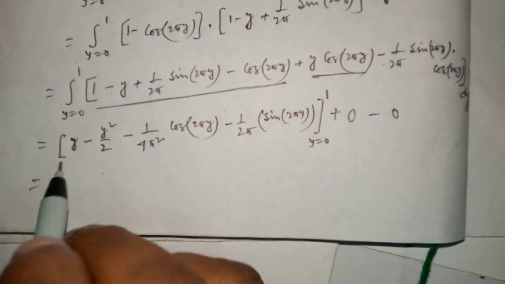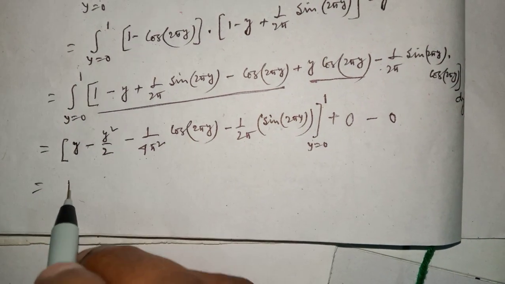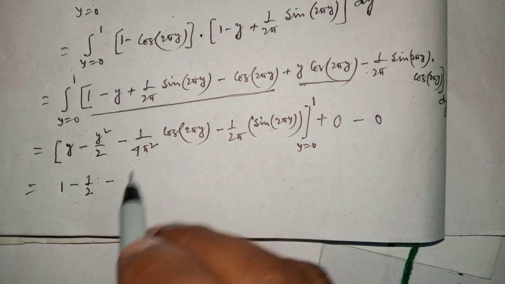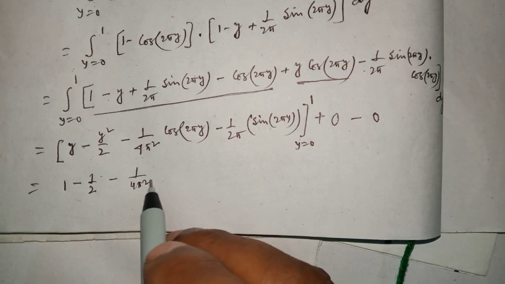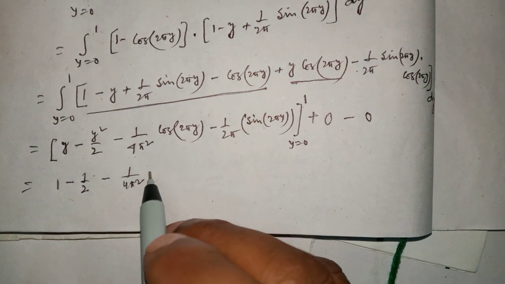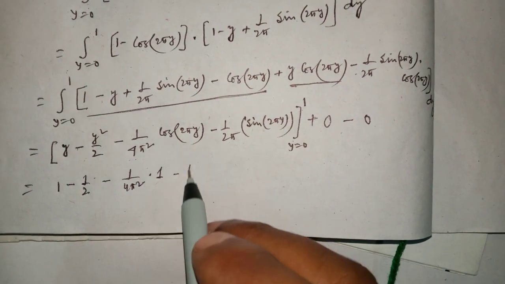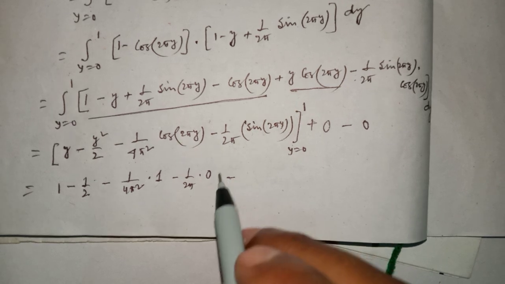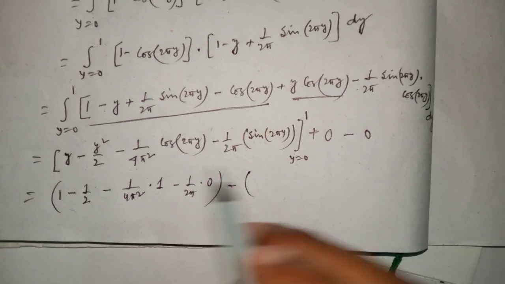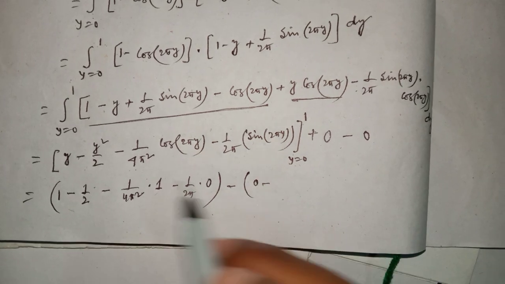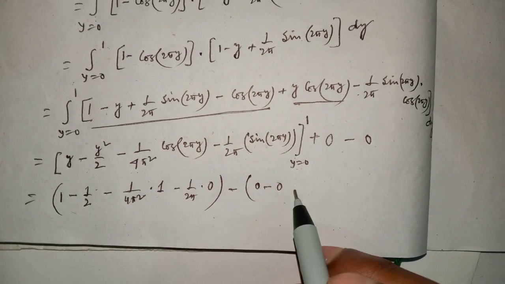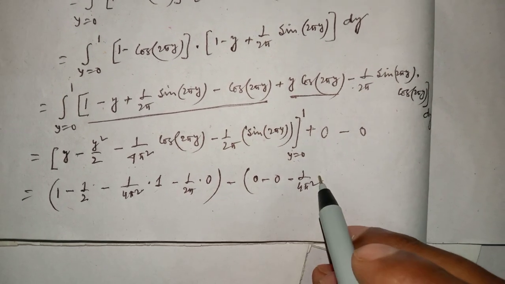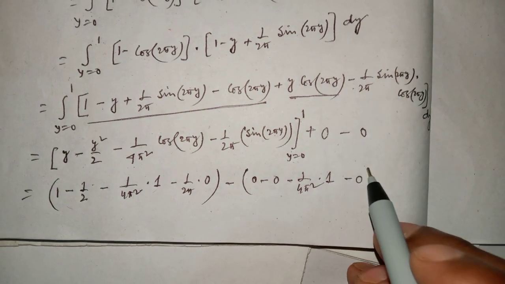So here we get, for y equal to 1, 1 minus 1 by 2 minus 1 by 4π square cos 2π, which is 1, minus 1 by 2π sin 2π, which is 0, minus the value at y equal to 0, which is also 0, minus 1 by 4π square into cos 0, which is 1, and sin 0 is 0.